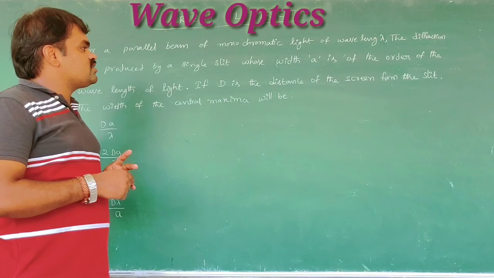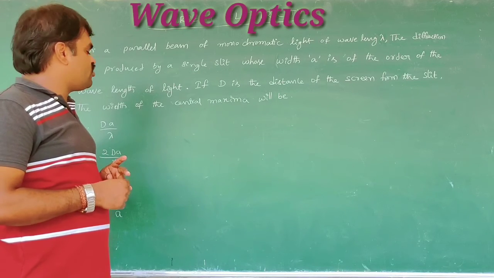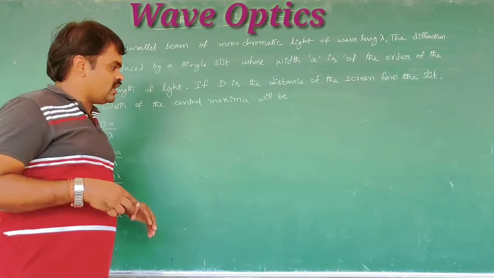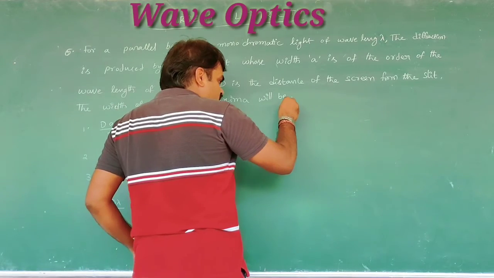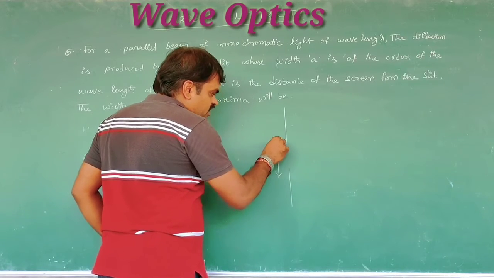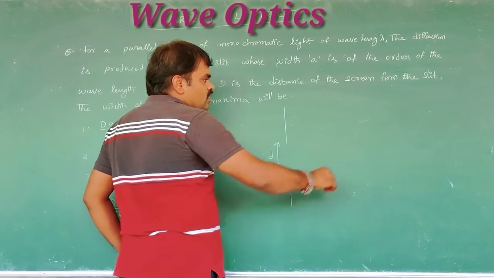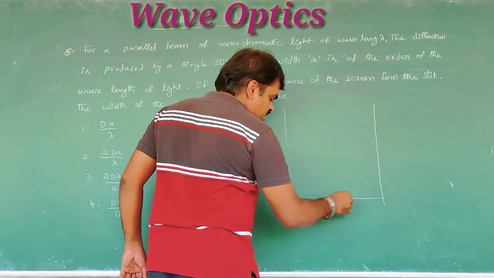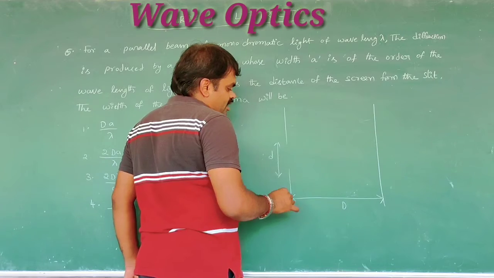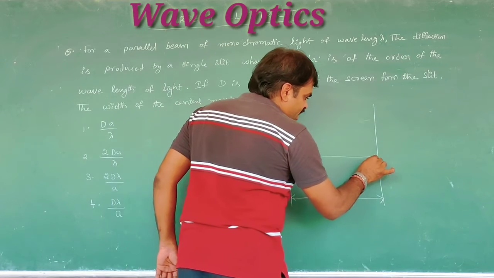If D is the distance of the screen from the slit, the width of the central maxima will be. Here this is the diffraction diagram, the slit width is given. The distance between the slit and screen is D. Now this is the central maxima.